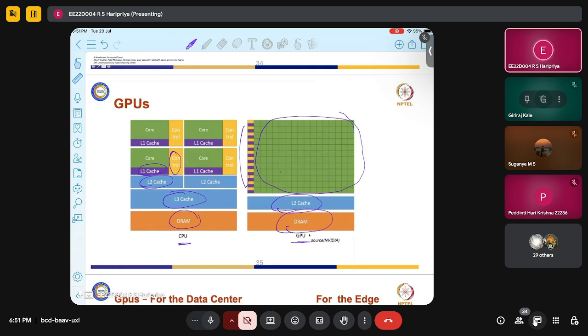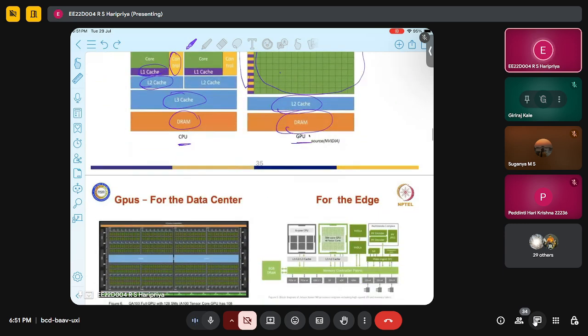So it consists of massive cores so that it can perform the task in parallel. The way it is programmed is a little bit different so that we can achieve the maximum acceleration. So this is the difference between the GPU and the CPU.